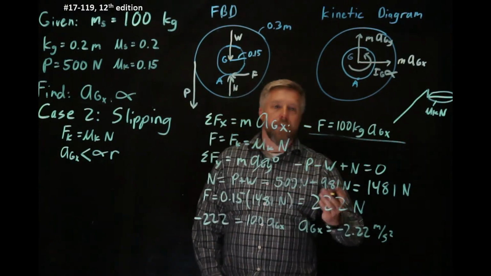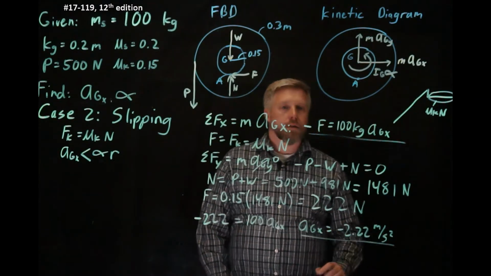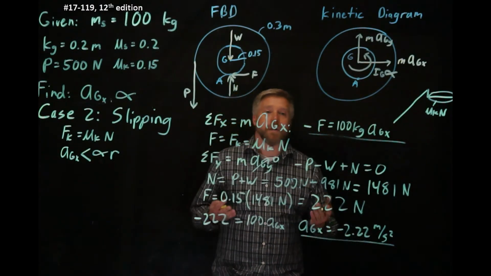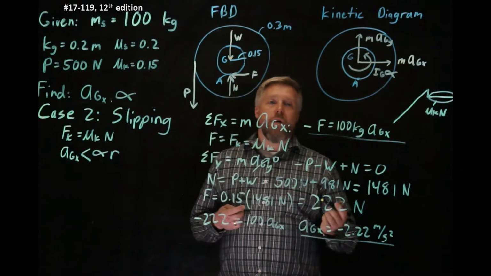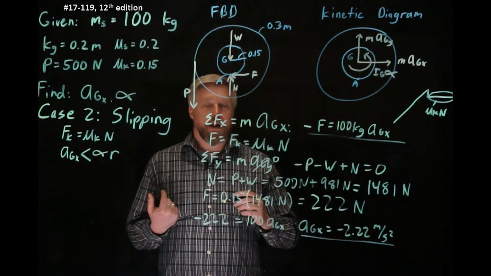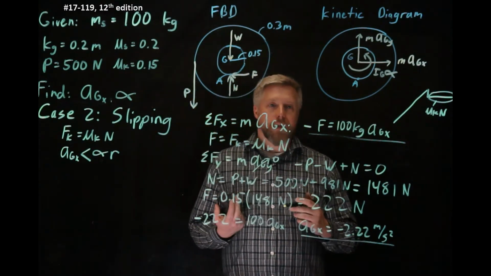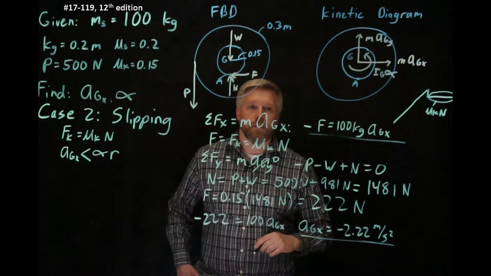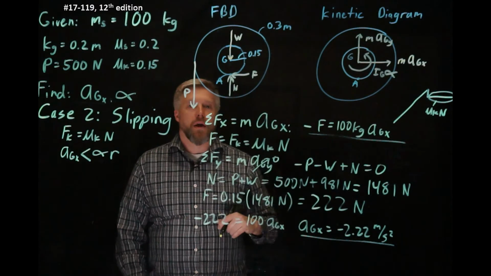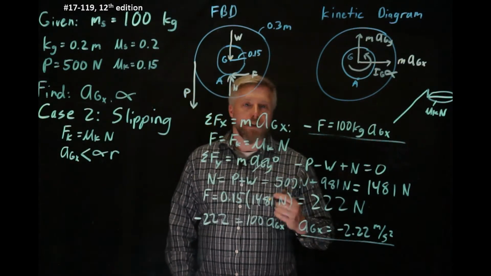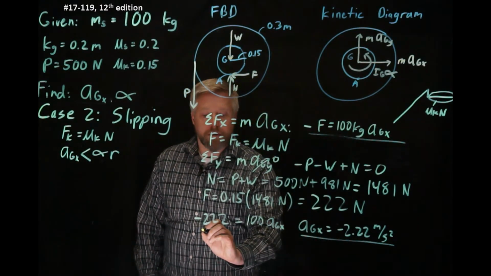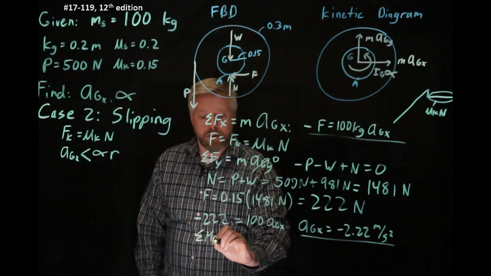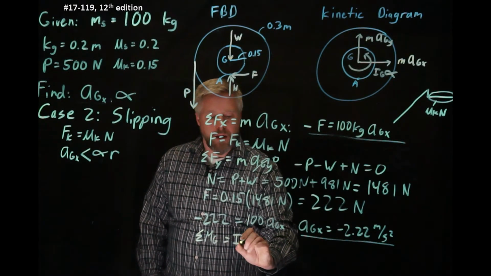Just like that, we got an answer for AGX. Now we need to figure out how we can relate that to alpha. We could go back if we wanted and do the kinetic diagram like we did in the last one, or if we had already done that, we could use that equation. In this case, I think I'm just going to do the sum of the moments about point G so that we can find IG alpha. So we'll use the sum of the moments about point G is equal to IG alpha.